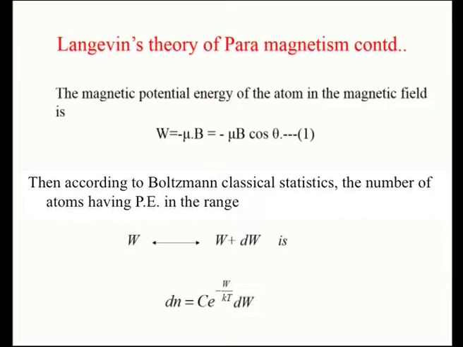Then, in accordance with Boltzmann classical statistics, the number of atoms having magnetic potential energy in the range W and W plus dW is given by dN equal to some constant C times e to the power minus W by k_B T into dW.